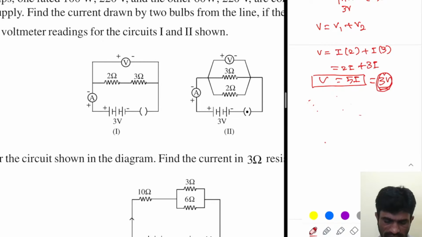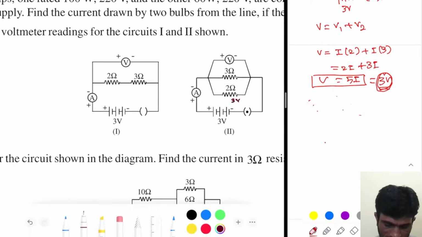In the first case, and even in the second case, 3 volts are there. In the parallel connection, if you see, voltage is not divided. Here it will be 3 volts, here also 3 volts. In both the cases it is 3 volts. Here why is it 3 volts? Because we are taking it overall together. That's why overall it will be 3 volts only.